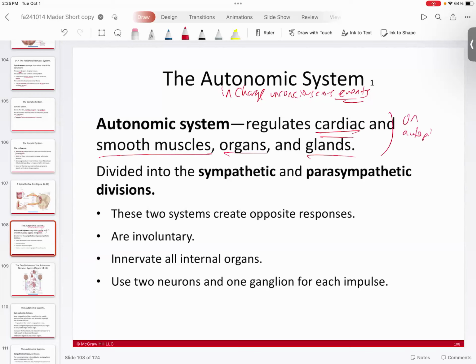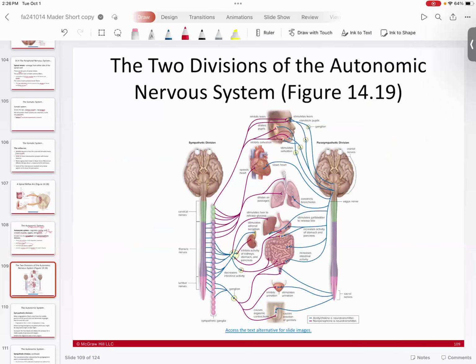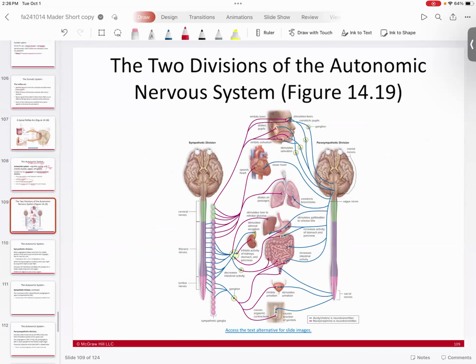This is going to be controlled by what's called your autonomic system. And so typically in your autonomic system, you can divide this further into subdivisions. One is called the sympathetic division and then the parasympathetic division. And what they do is they create different responses. Both are involuntary. Both basically innervate the internal organs. And typically they will use neurons and ganglia to move their impulses forward.